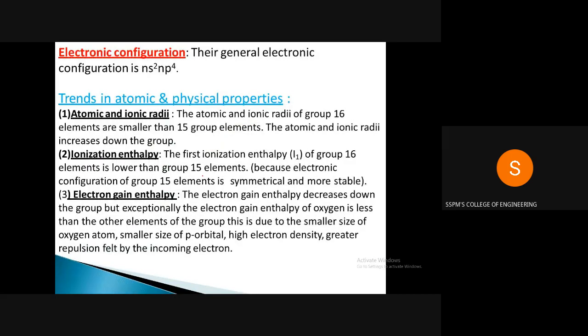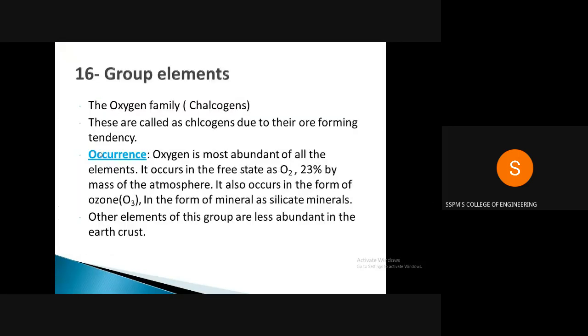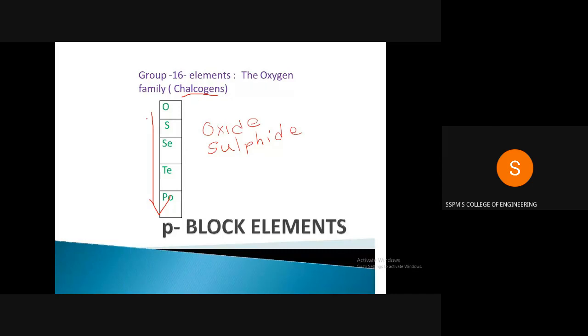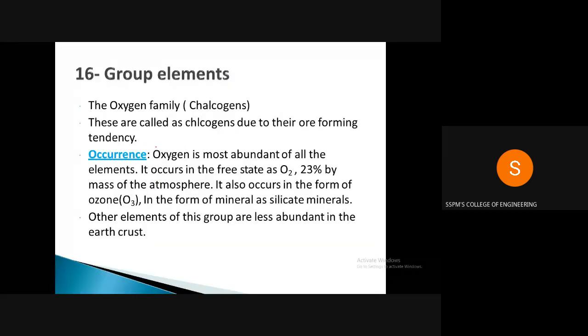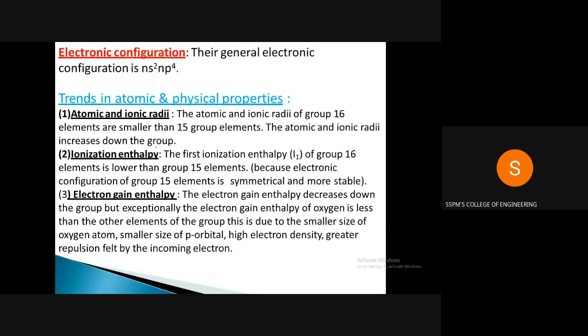Then ionization enthalpy of group 16 elements is lower than that of group 15 elements because the electronic configuration of group 15 elements is symmetrical and more stable. So ionization enthalpy also decreases down the group. Then electron gain enthalpy.